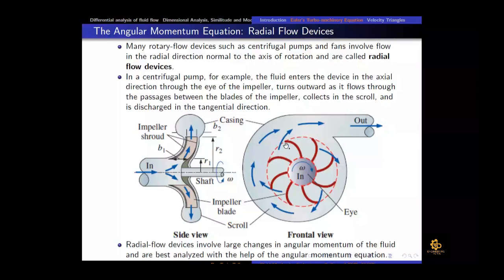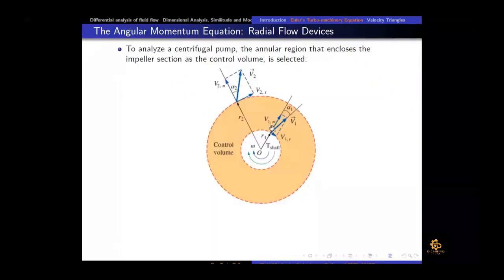One is the normal velocity, V1N, and the tangential velocity, V1T, and the resultant velocity would be V1. Similarly here we have the tangential velocity and the normal velocity, and the resultant is the actual flow direction.